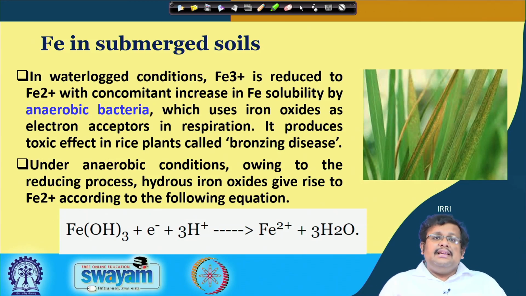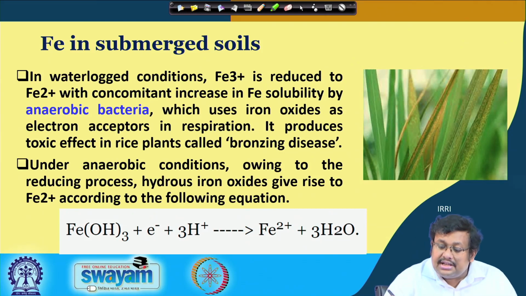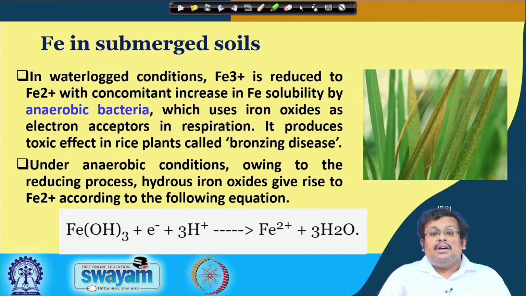So, basically the ferric iron, Fe3+, is reduced to Fe2+ by anaerobic bacteria, and it produces toxic effects. When the iron increases, the toxic effect on plants can be seen, which we call bronzing disease. As you can see in this picture, it is showing the bronzing of the rice plants.